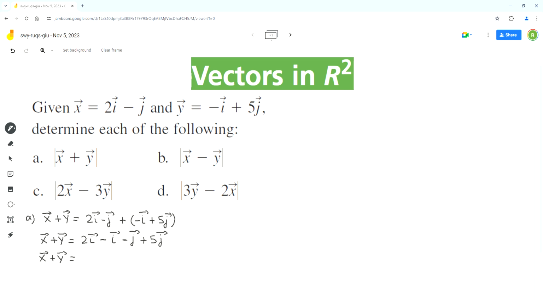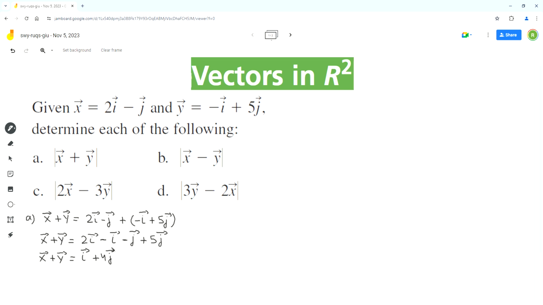So for the i terms, we have to do 2 minus 1, which is equal to 1, but we don't write 1 as a coefficient, so it's just i. And for j, we have to do negative 1 plus 5, which is equal to positive 4. So this is the sum of vectors x and y.